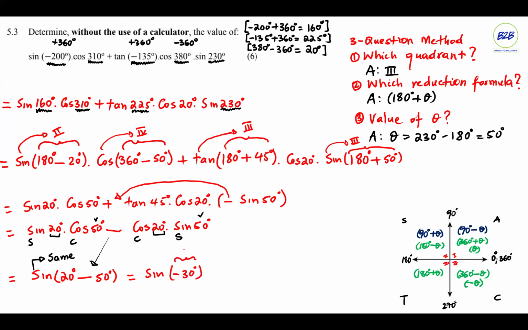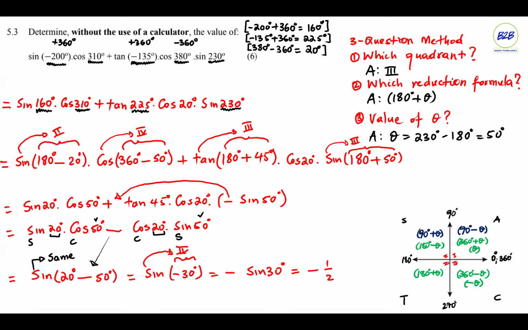And negative 30 degrees is like negative theta, sitting right there in the fourth quadrant. And then we ask ourselves, what is the sign of sine in the fourth quadrant? And that is negative. Negative of sine 30 degrees. And you press that on your calculator, or you use the special angles that we studied in episode 1 to find the value for sine 30 degrees. And folks, that is how we solve that question.